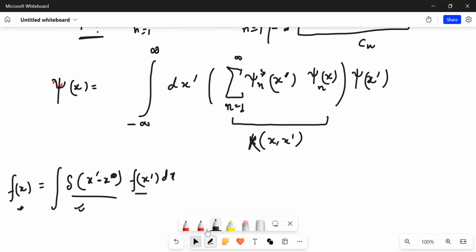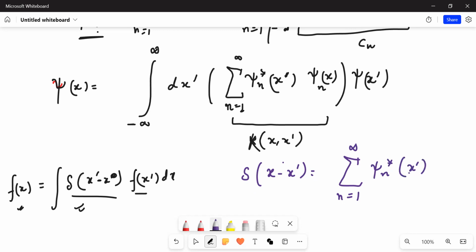So from here, by comparison with the filtering property of the Dirac delta function, it is quite evident that this k of x comma x dash is nothing but the Dirac delta function, whether you write Dirac delta of x minus x dash or x dash minus x, because it is a symmetric function. So Dirac delta of x comma x dash is simply the summation n equals 1 to infinity of psi n star x dash, and here you have psi n x.